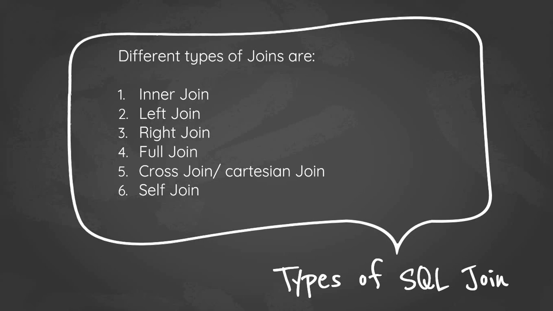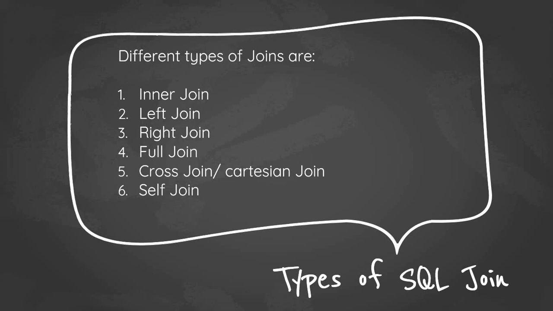The Cartesian join or cross join is usually used when the matching column or the where condition is not specified. So if no where or no matching column is specified, then you'll go ahead and use your Cartesian join.